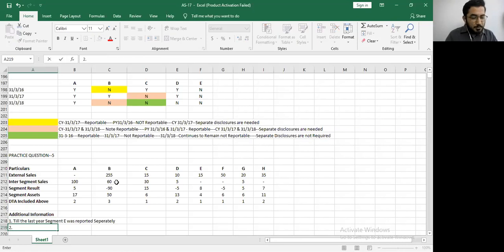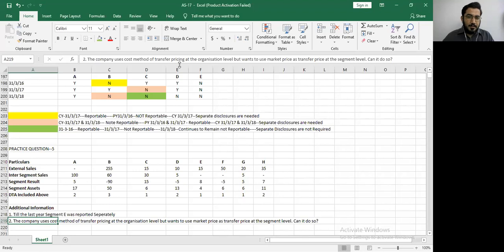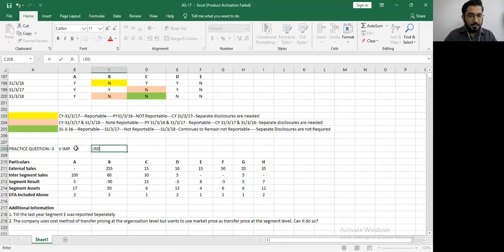Second, the company uses cost method of transfer pricing at the organization level, but wants to use market price as transfer price at the segment level. The question is, can it do so? That's a question. Okay, this is your question. Please mark it. Very important. It is your last day revision question.